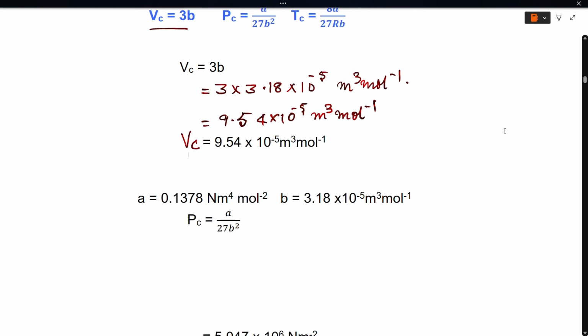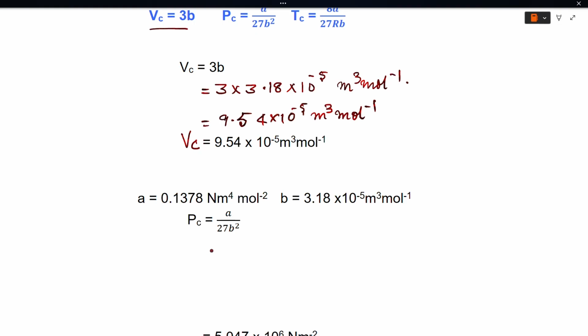So, a is given, a is equal to 0.1378 newton meter raised to 4 mole raised to minus 2, all this data is provided, and b is equal to 3.18 into 10 to the power minus 5 meter cube mole raised to minus 1. And the expression for Pc is equal to a by 27b square.